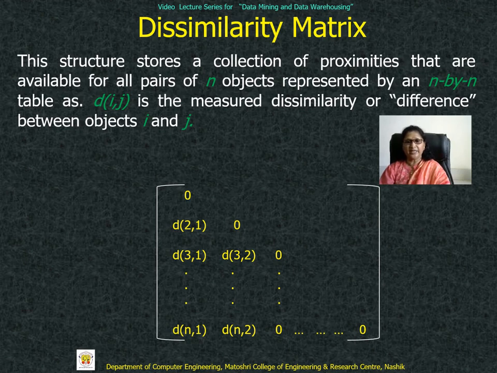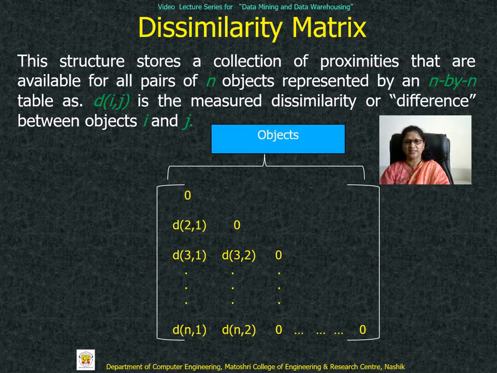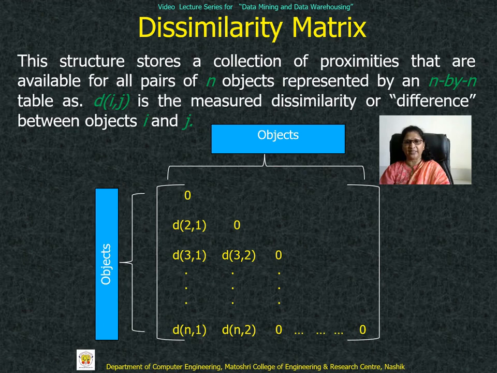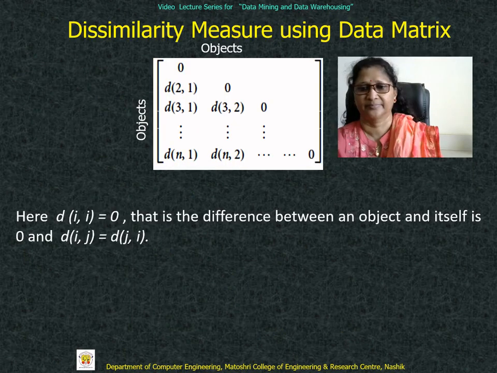And here Dij is a measure of either similarity or dissimilarity. Commonly used is dissimilarity or a difference between two objects i and j. This is why this is also termed as distance metric. And this dissimilarity matrix has objects as rows and objects as columns, whereas in data matrix it was objects and attributes.